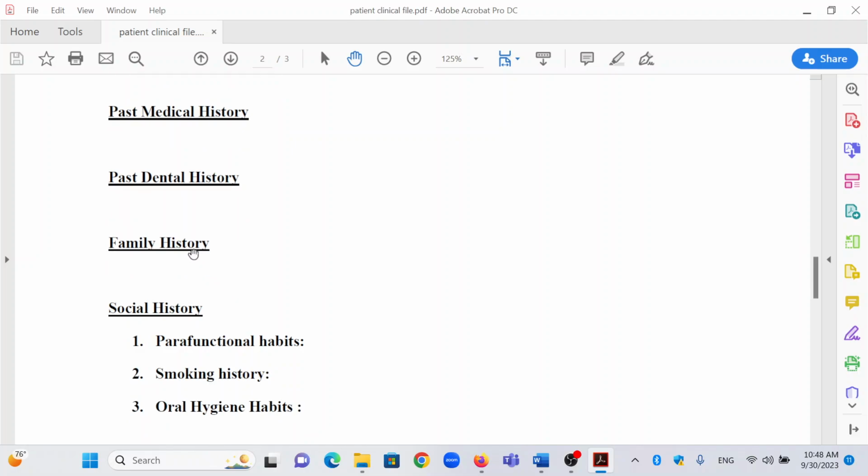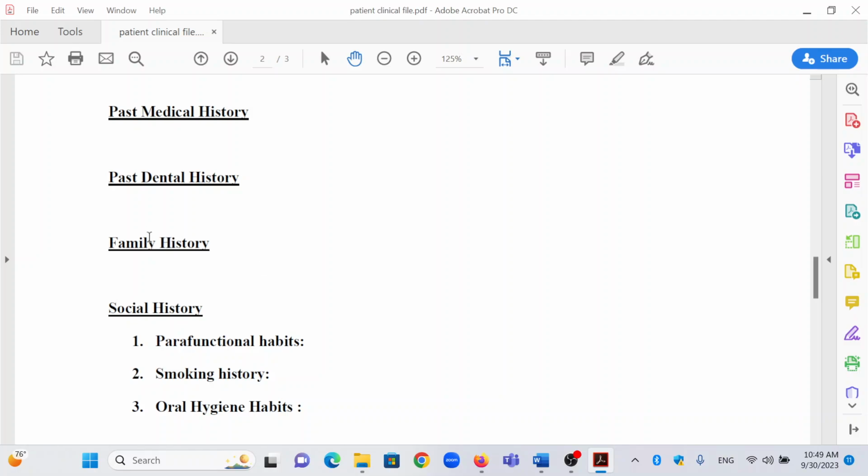And the family history here is concerned mainly with communicable and hereditary diseases. Again, because these may have implications on the patient's medical history and also on the dental treatment plan.